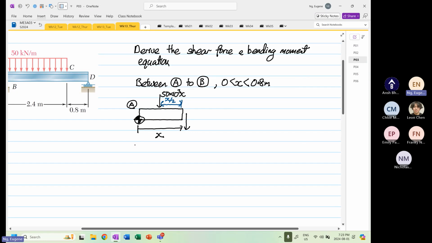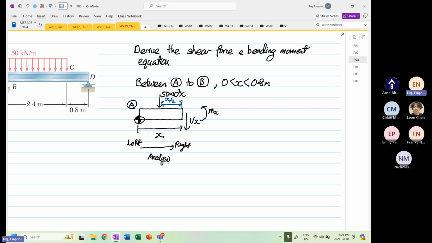Okay. So when the analysis is left to right, positive shear is coming down, positive bending moment is going anti-clockwise. Later on, I'll show you an example when we do right to left, you just have to flip the direction. Okay.